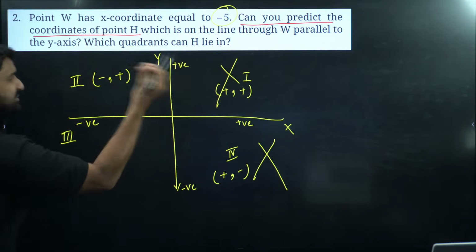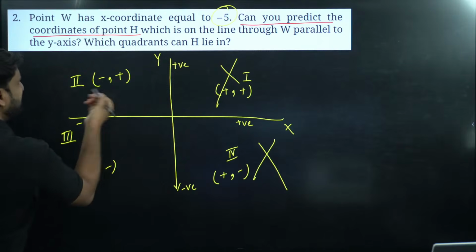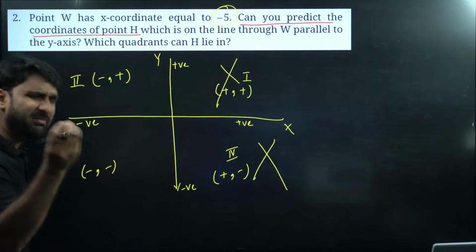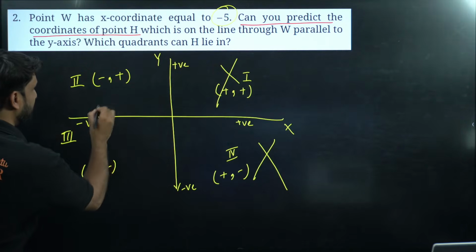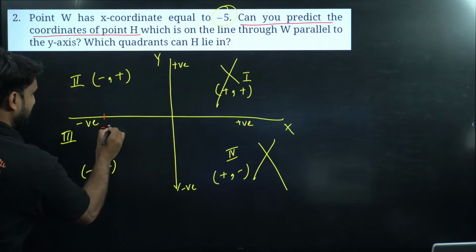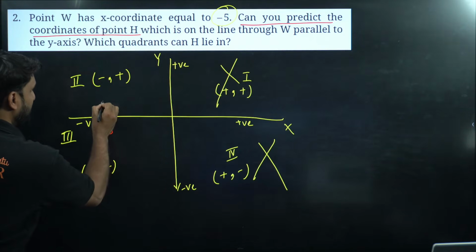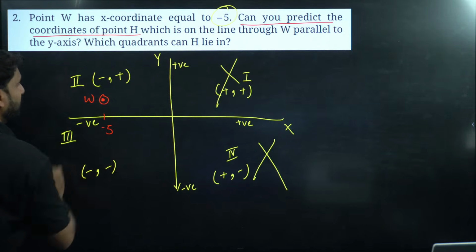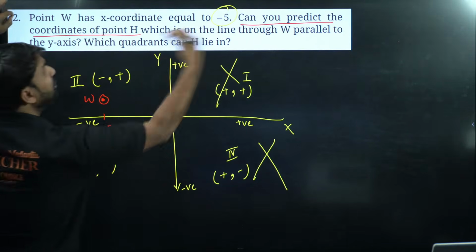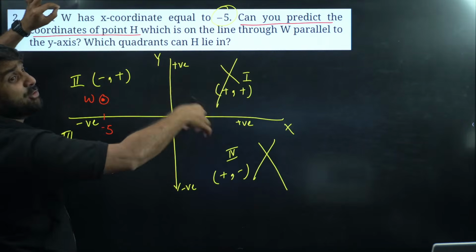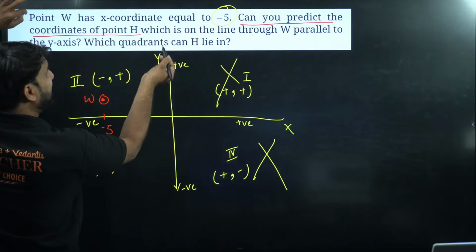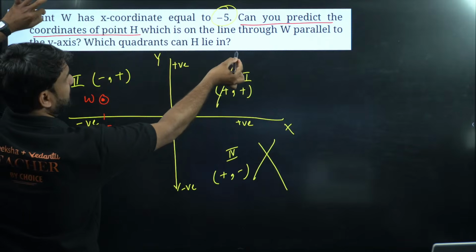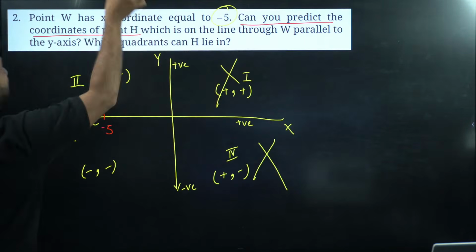Just imagine, champions, W is here, this is -5, and this is W, right? The question is asking, can you predict the coordinate of point H which is on the line through W parallel to the y-axis?